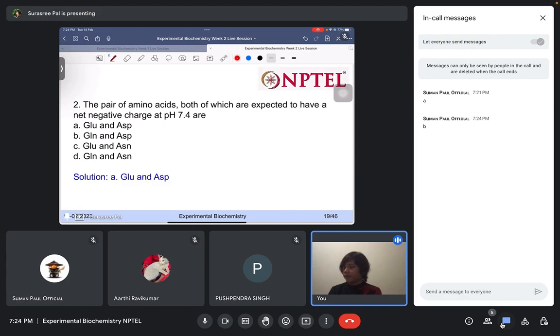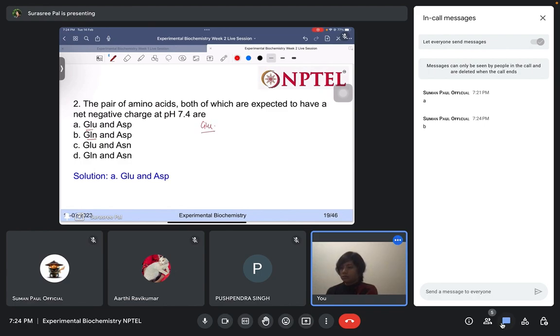Here there is a difference between A and B, that is glutamate and glutamine. So glutamate has this, what is the R group? I'm writing it here. Glutamate has this R group like this. And what is the R group of glutamine? I told you that glutamine is the amine of glutamate, right?